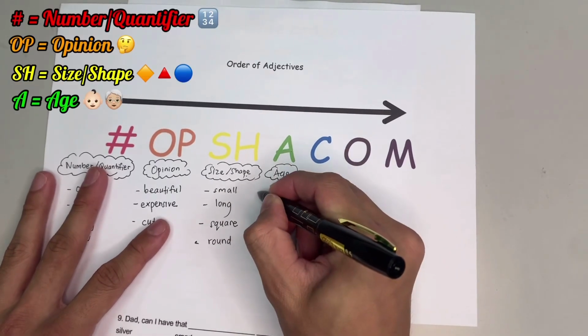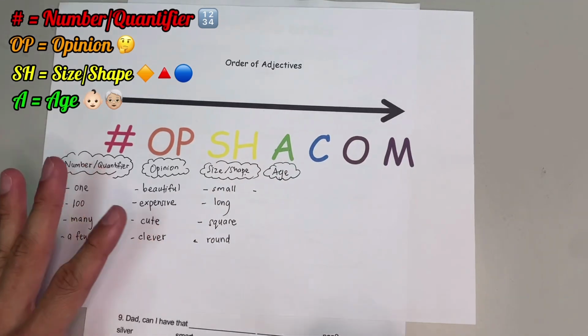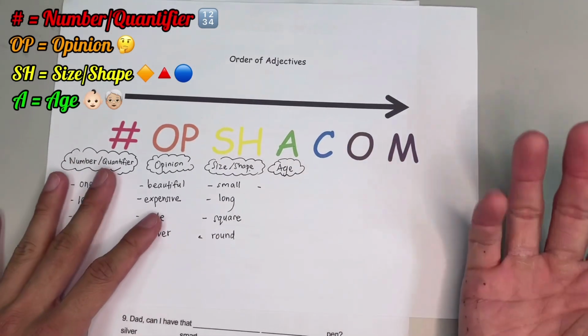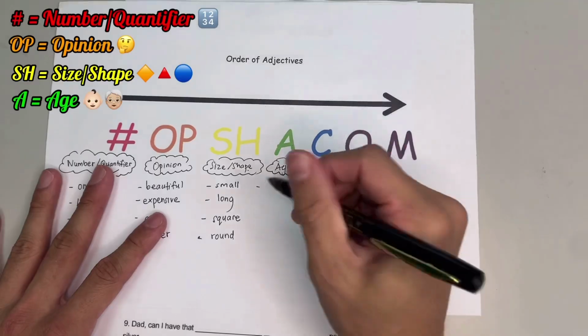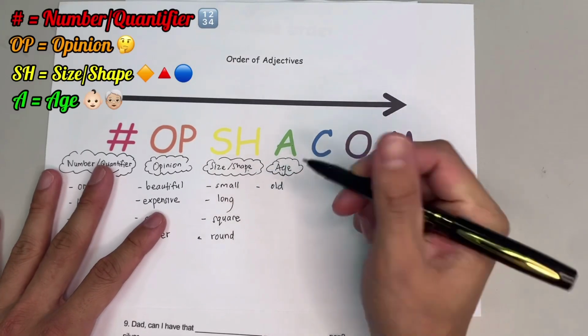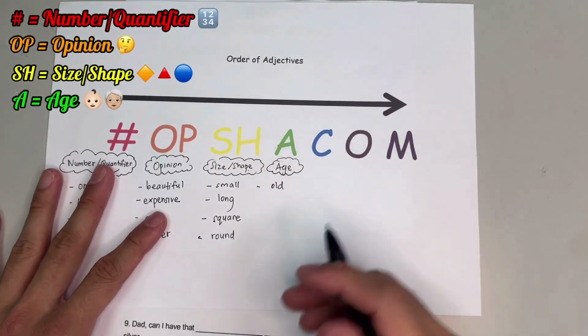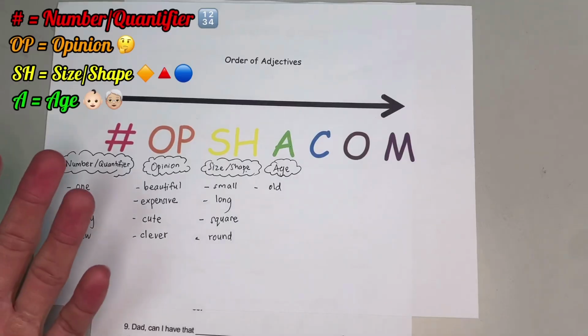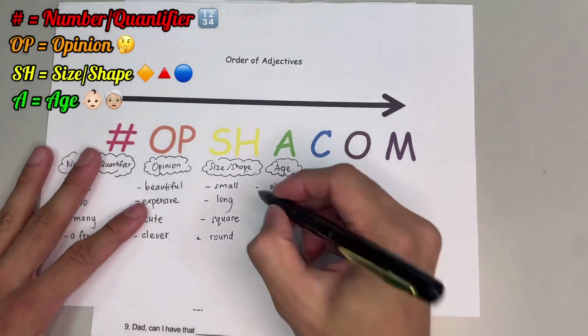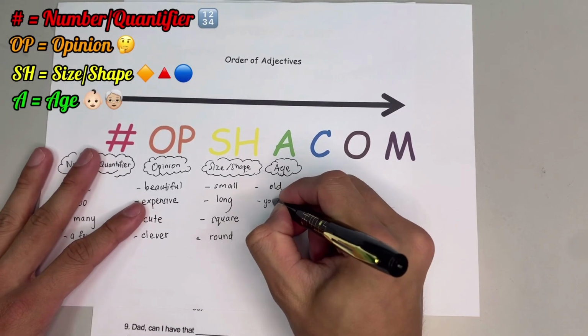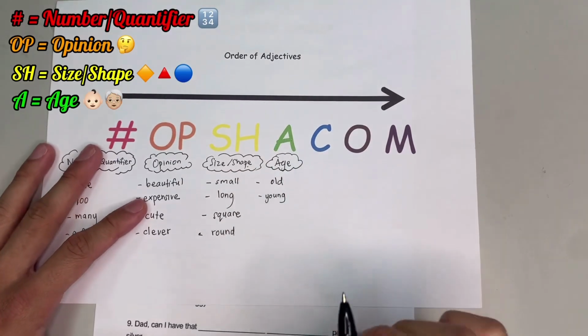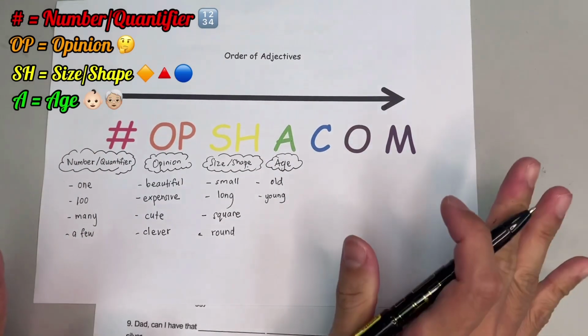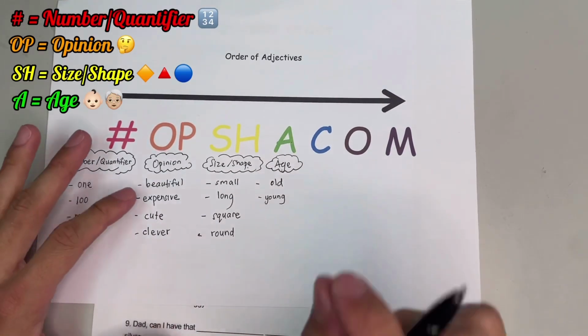Next we have A, which stands for age. The old woman is crossing the street. So the adjective here is old, describing her age. Or she might be young. The young woman is crossing the street. Or we can be a little bit more specific with the age.